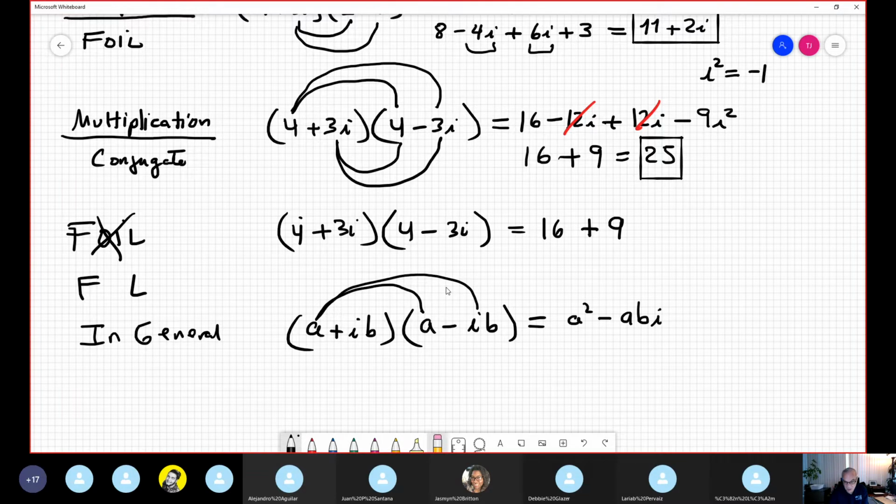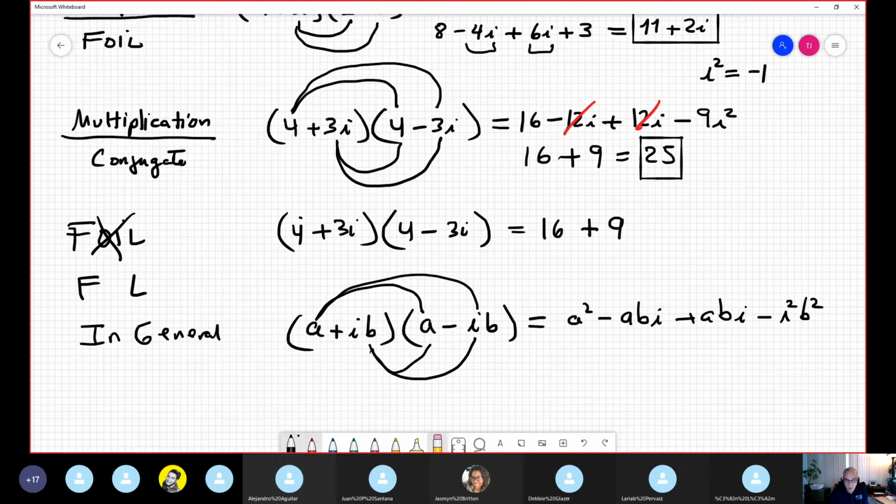It doesn't matter the position of the i. Some people prefer putting it in front, and others in the last part. Again, it's ab, plus abi. And finally is minus i squared b times b, gets b squared, right?